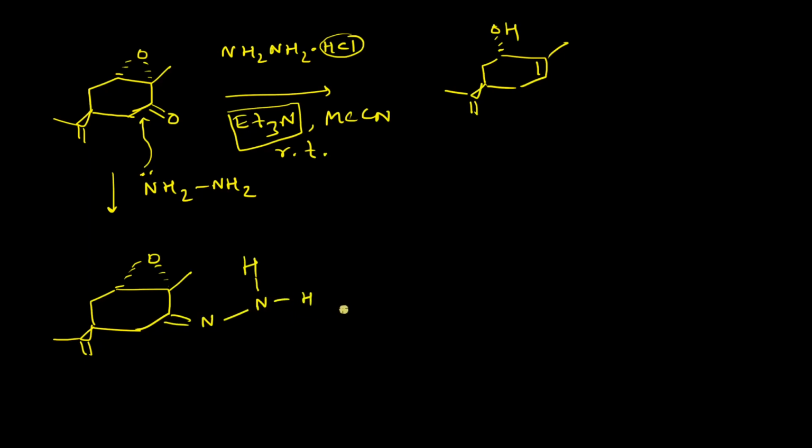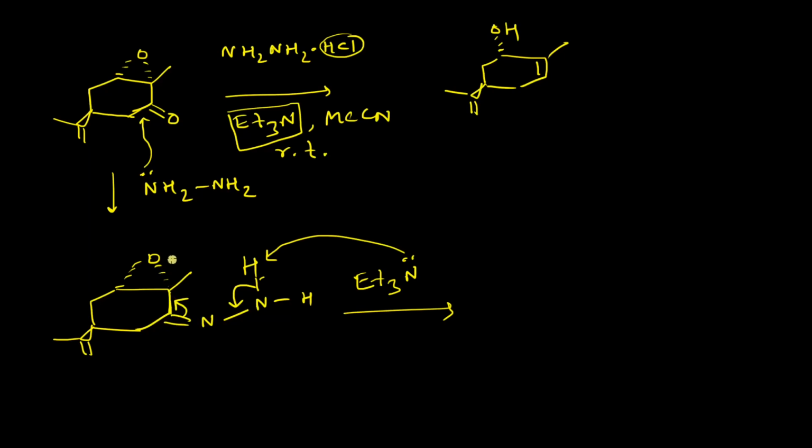So this is the hydrazone derivative. Then since triethylamine is in excess in the reaction medium, it will assist this particular step. This nitrogen hydrogen bond will break and it will form a nitrogen-nitrogen double bond. This nitrogen carbon bond will break and it will form a double bond here.